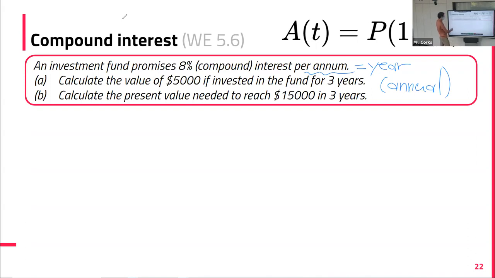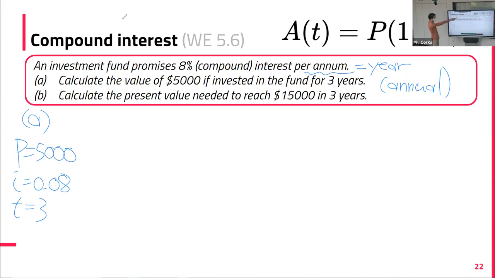All right, so information that we have here for part A. What information have we been given? Okay, so our original value, our principal here is 5,000. What other information do we have? Interest. Okay, 0.08. Anything else? Our T, our time, is 3 years.